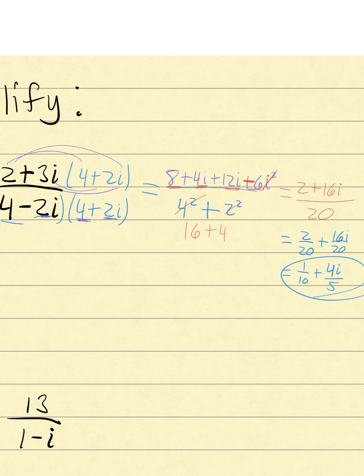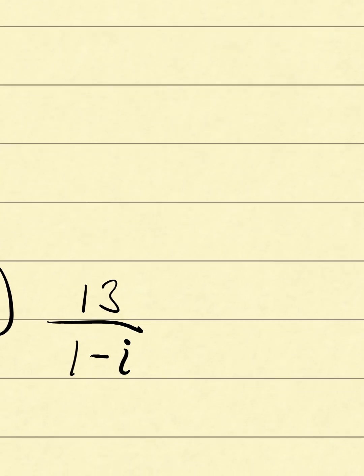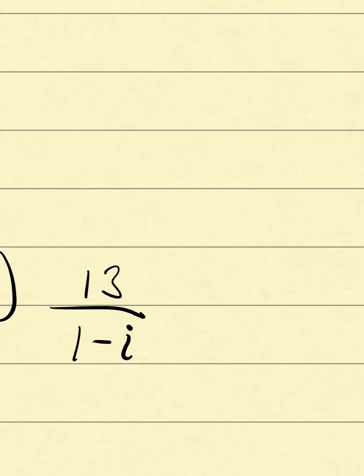All right, now let's try number 21. Same idea here. We don't want i's in the denominator. So how do we simplify this? We multiply the top and the bottom by what? Okay, good. Conjugate of 1 minus i is what? 1 plus i, good. So let's multiply 1 plus i on the top and on the bottom.